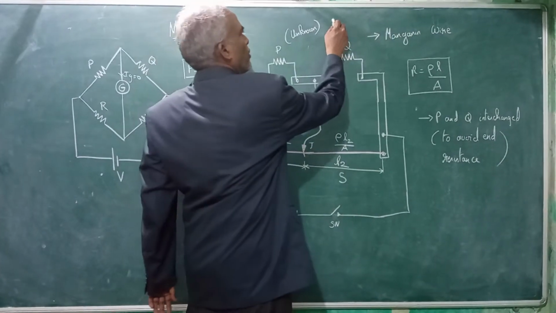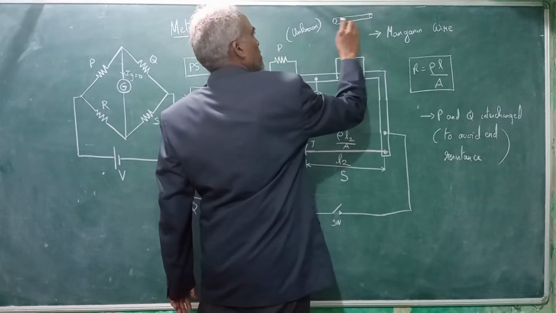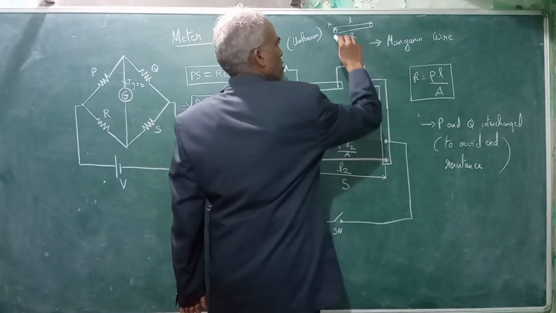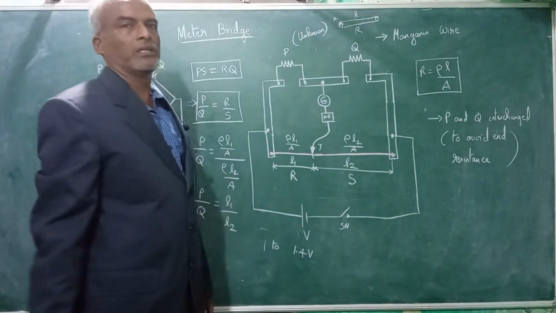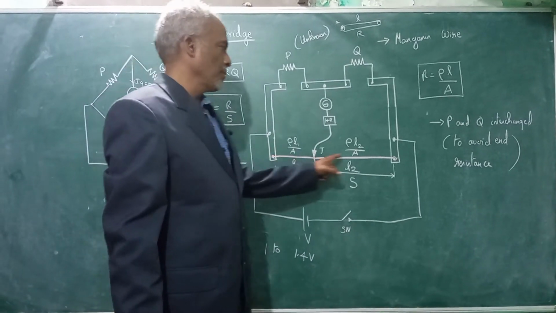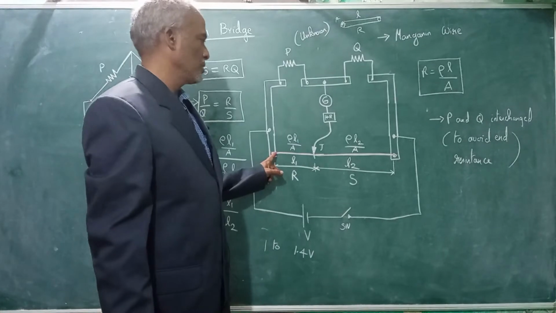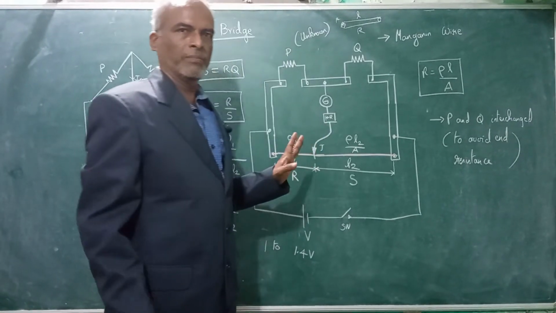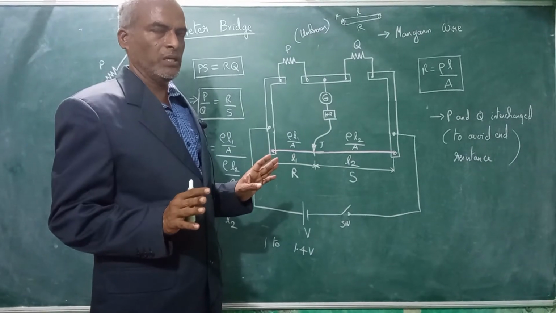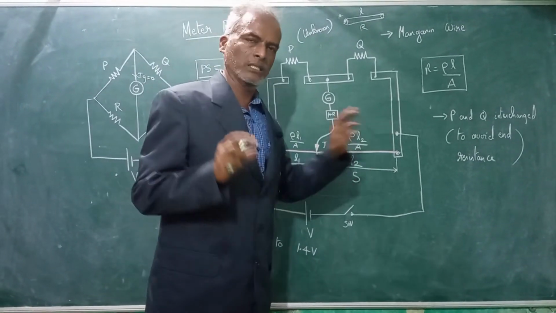That is rho. So we know that. Now this is a manganin wire, and it's the same material throughout. The material has not been changed. That means the specific resistance is going to be the same. The area of the cross section of the wire throughout the length is the same.